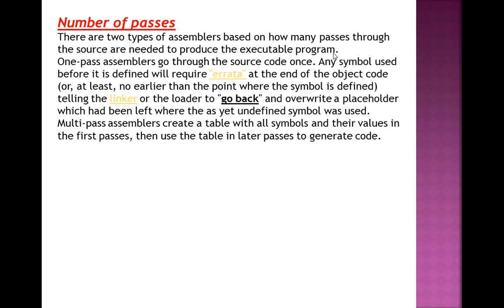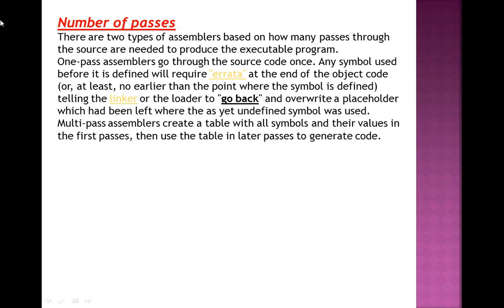Any symbol that is undefined will require an erratum at the end of the object code and a linker or loader to go back and overwrite a placeholder which is left where the as yet undefined symbols are used. So a one pass assembler captures the program code only once.